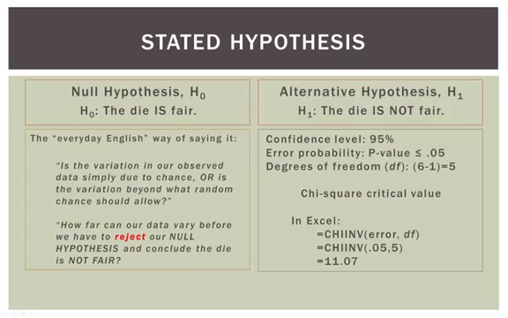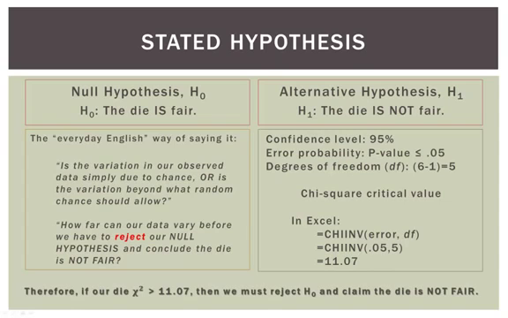So keep that number in the back of your mind. Our threshold for our chi-square critical value is going to be 11.07. What that means is that if our die's chi-square is greater than 11.07, then we have to reject our null hypothesis and claim that the die is not fair.